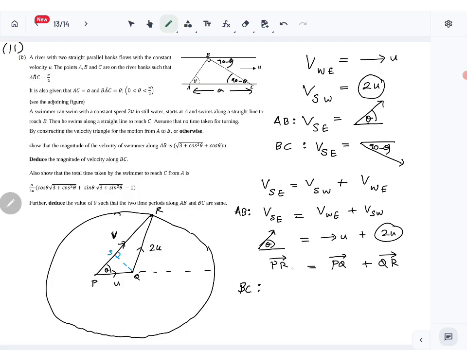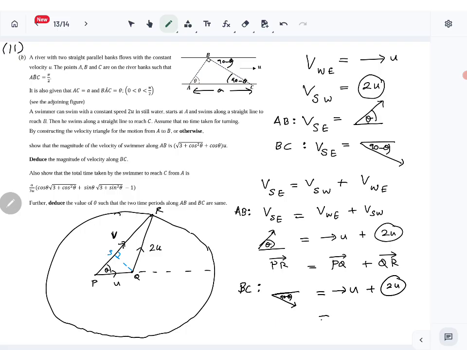So what's the thing that changes here for BC? This direction would be 90 minus theta now. PQ doesn't change, that is the same. This one will change, but the magnitude doesn't change.